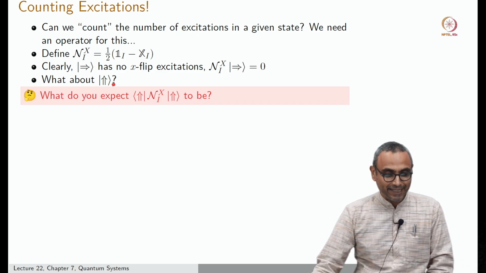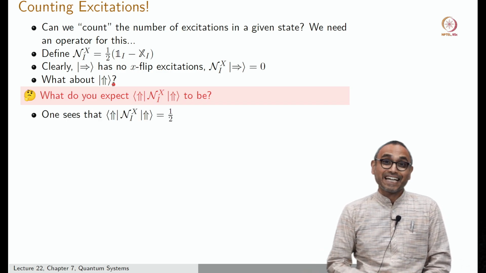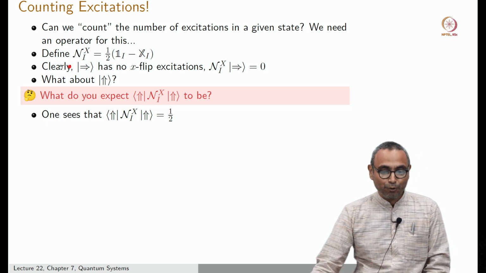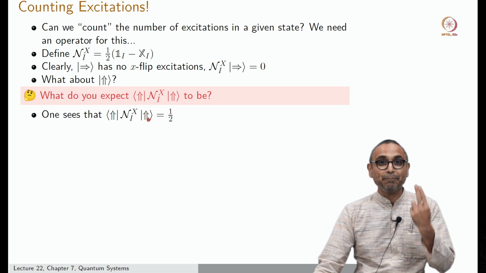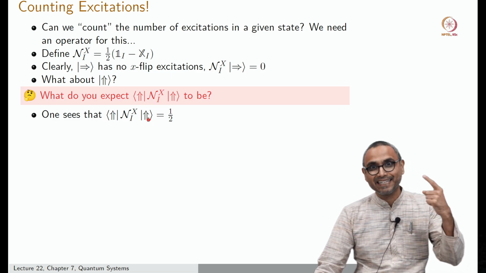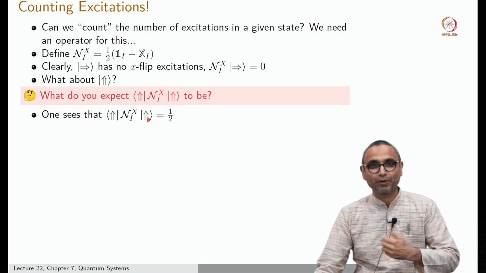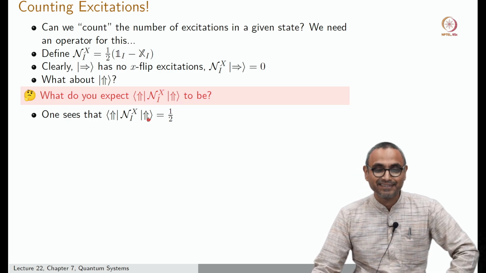Well, I hope you found the correct answer. So the correct answer is 1/2. Why is that? If you look at any site, the up Z polarized state is an equal weight linear combination of the plus X polarized and negative X polarized state.